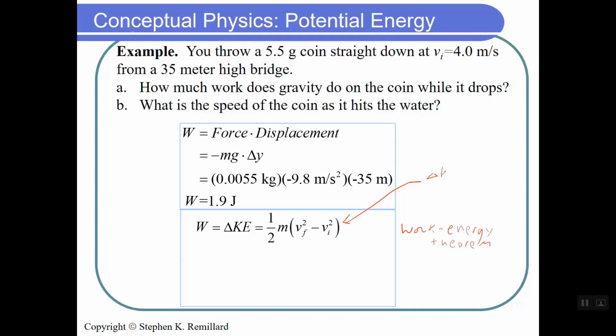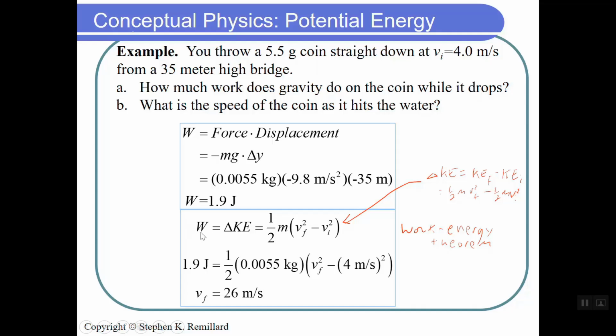The change in kinetic energy is the kinetic energy final minus the kinetic energy initial. So that's 1/2 mv final squared minus 1/2 mv initial squared. This is just factoring out the 1/2 m. That's the work done, the change in kinetic energy.